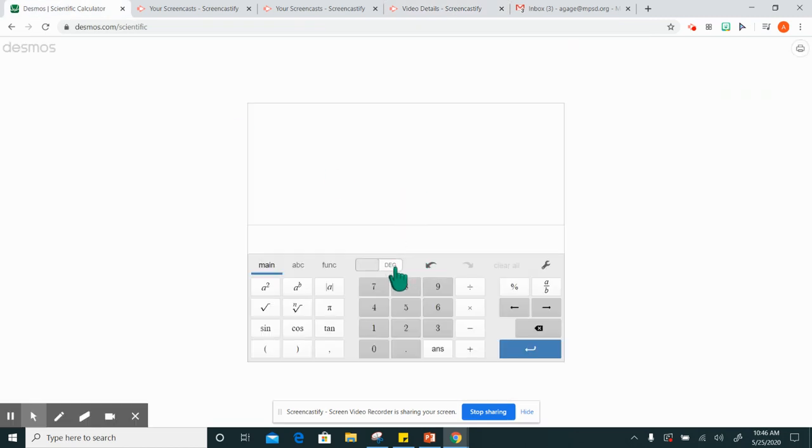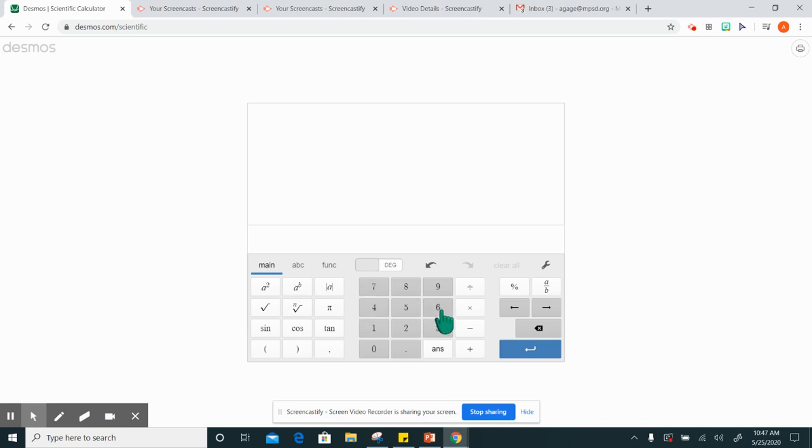So you want to make sure that you're in degrees. So if you just typed in this last problem into your calculator and you didn't get 1.8, then that means that your calculator is in the wrong mode. And you can either Google how to change it, or you can send me an email during class and I can walk you through it.